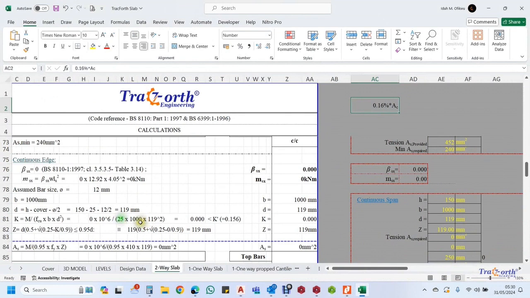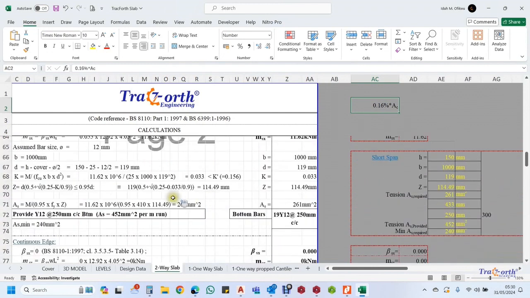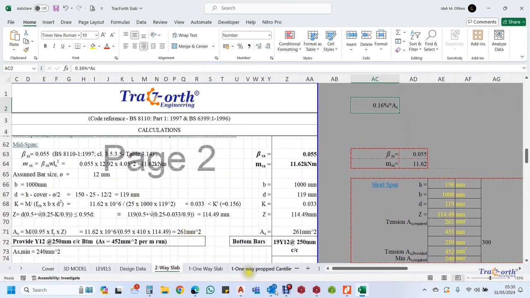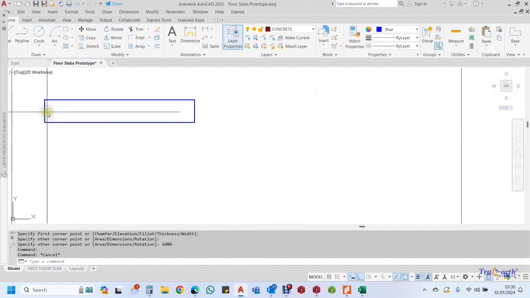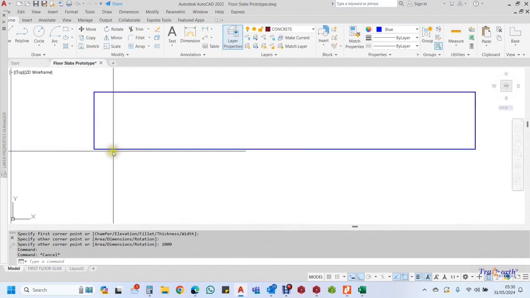So let's go on. Since the area calculated here is more than this 261, the next thing where a lot of people struggle to understand is that the area you are going to provide for the bottom reinforcement for this section must not be less than 261.